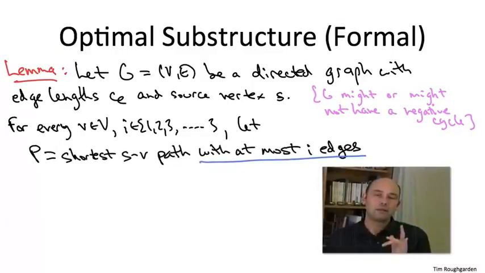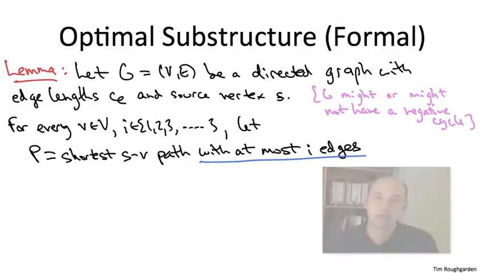A subtle point: because we're proving this lemma in its full generality, that is also for input graphs that might have negative cycles, we need to allow this path P to use cycles if it wants, including potentially using a negative cycle multiple times. That is allowed. Notice we're not worried about this path using a cycle an infinite number of times because we have a finite budget I on how many edges it can contain.